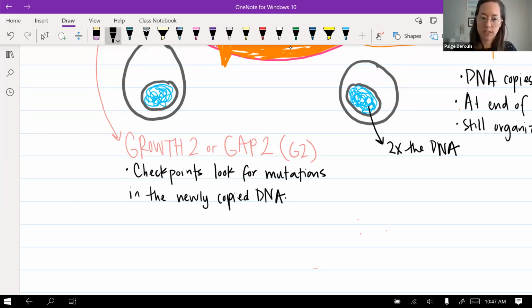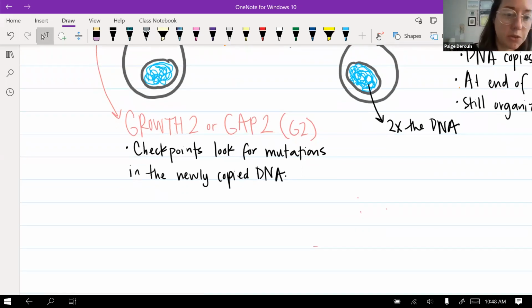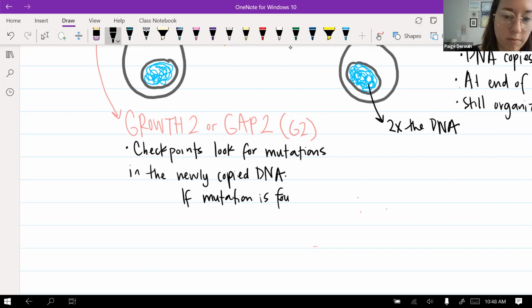For the most part, your cells do a really, really good job of checking for mutations, noticing them, fixing them, or aborting the mission and not dividing at all if they find a mutation. So I'm going to give the 3 options for what cells might do if a mutation is found. There are 3 options.